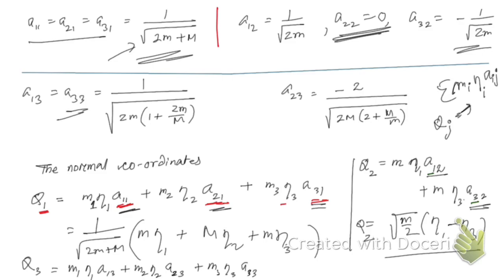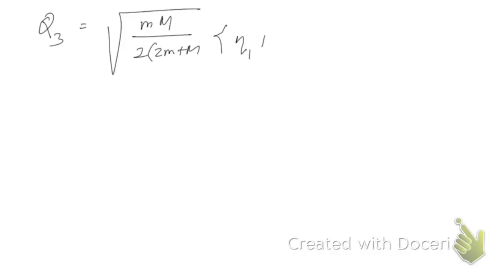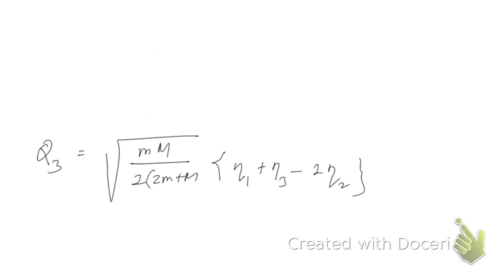So using those values of a1 3, a2 3 and a3 3 here, we're going to end up getting q3 equal to this form. After simplification we will get root over small m capital M divided by 2 into 2 small m capital M, within bracket eta 1 plus eta 3 minus 2 eta 2. That's what we will get, right? Hope you have understood this.